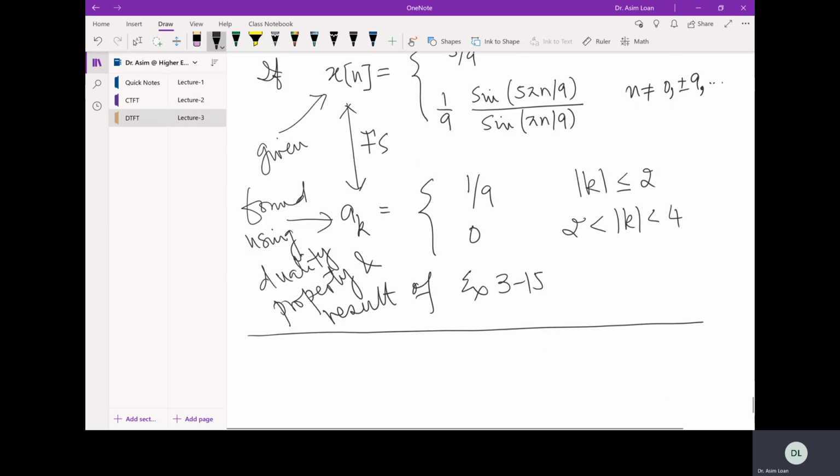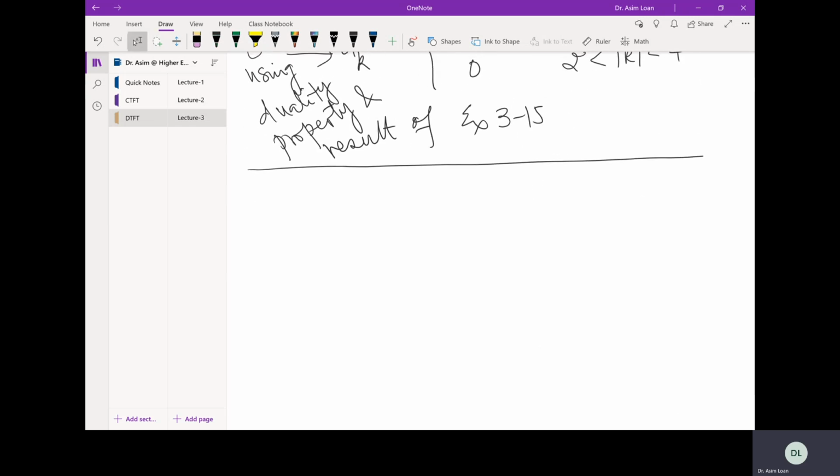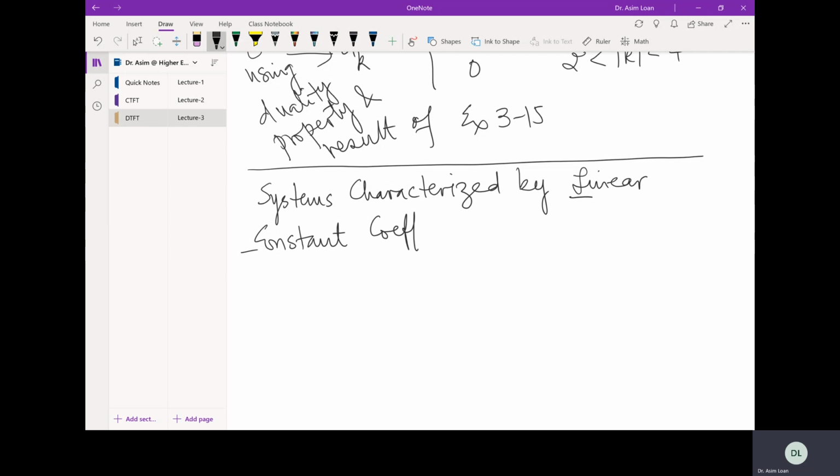So the last topic in this chapter is systems characterized by linear constant coefficient difference equations.